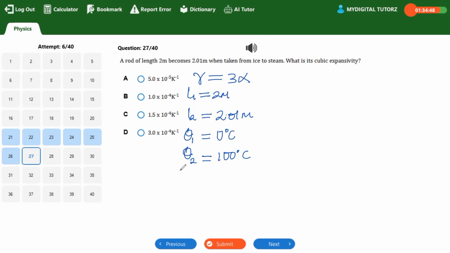As simple as this. From here, we can calculate our linear expansivity. Linear expansivity is equal to L2 minus L1 all over L1 times change in theta.